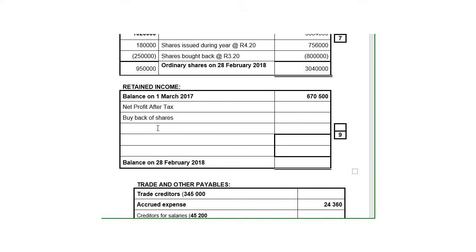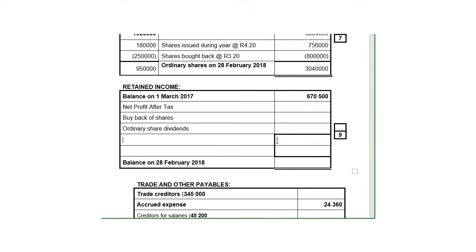And then I'm also going to deduct the dividends. So whatever my ordinary share dividends are. But dividends are split between interim and final.